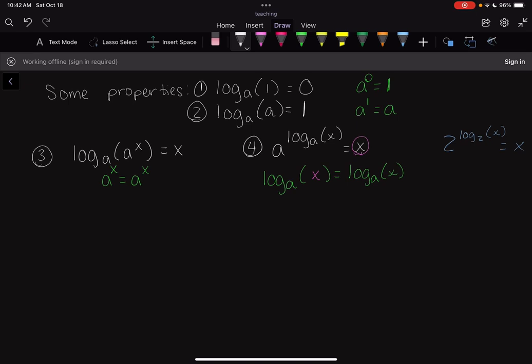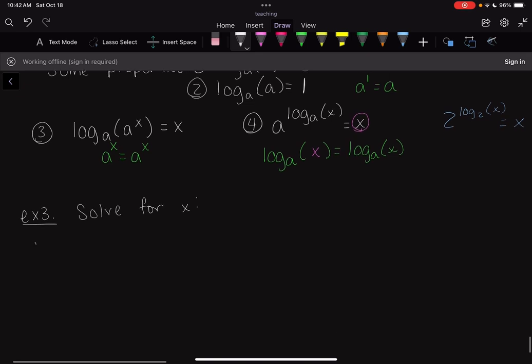So we're kind of working our way into graphing. Before we fully get into graphing, I would like for us to practice solving for x with some exponentials. So example 3 here, I'm just going to say solve for x. For our first one, we have y equals log base 2 of x.